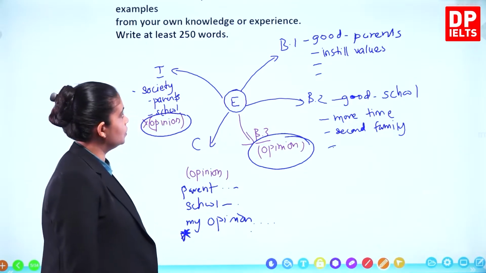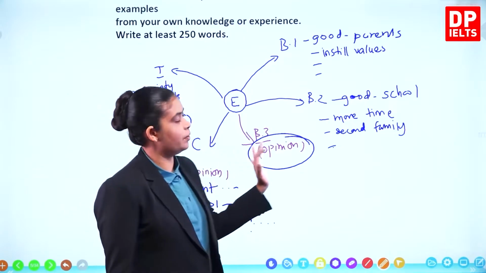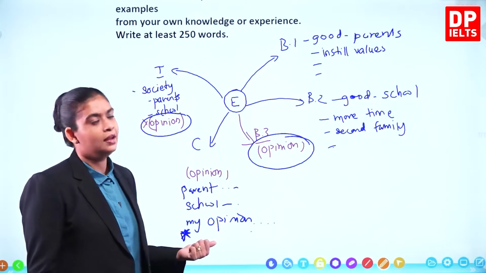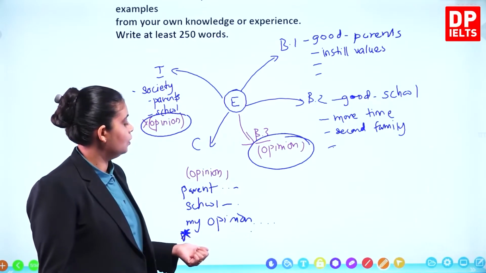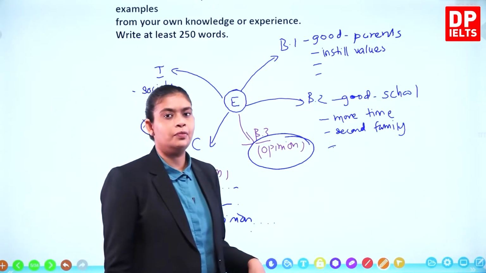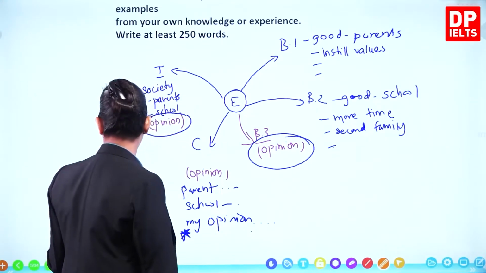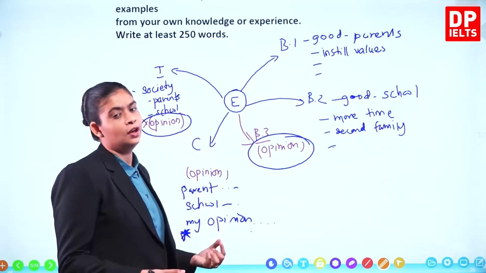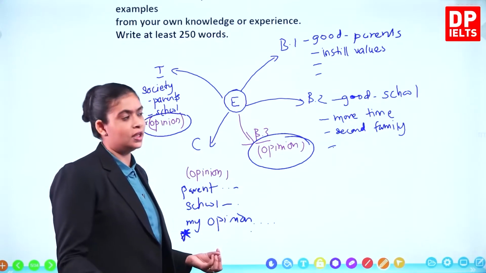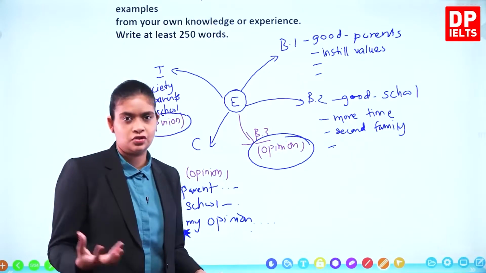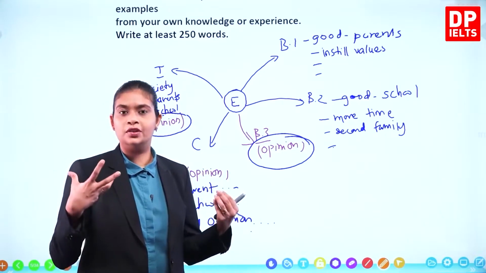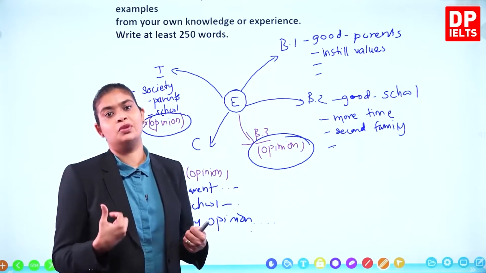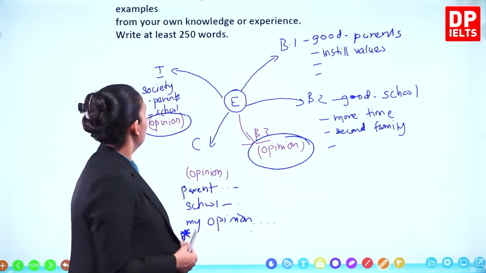So structure, you could just draw up a skeleton like this and then start writing a sample answer. Let me start off by putting up a sample answer. It doesn't have to be that you have these same points. You can come up with your own points as long as you've got the structure, and you know that your points are correct and you're supporting your argument. That is more than sufficient.